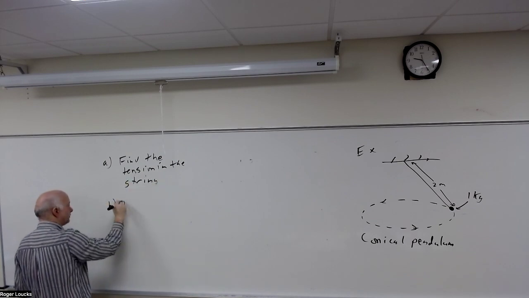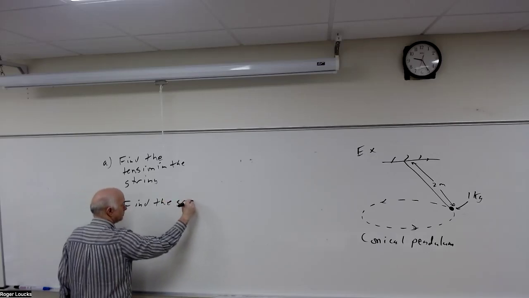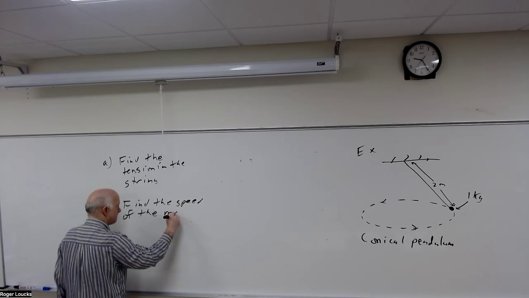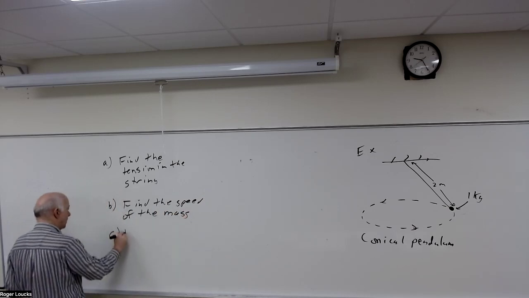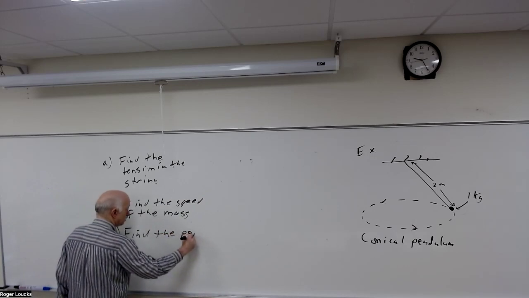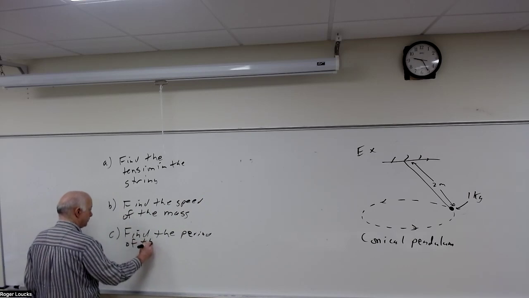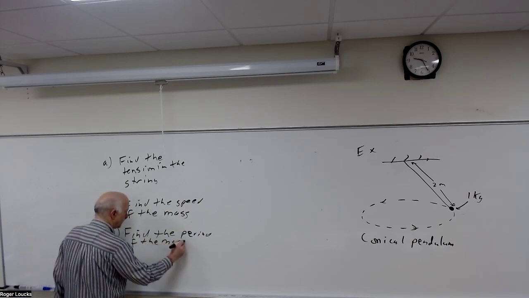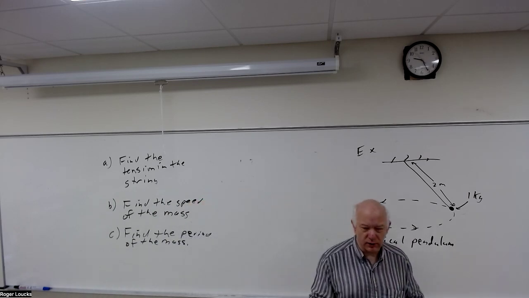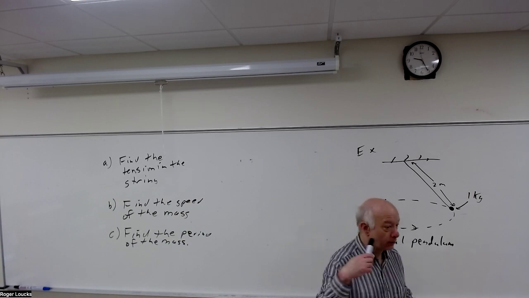For part B, we're going to find the speed of the mass. For part C, we're going to find the period of the mass. And what does the period of this object mean? Yeah, the period is going to be the time it takes to go around once.